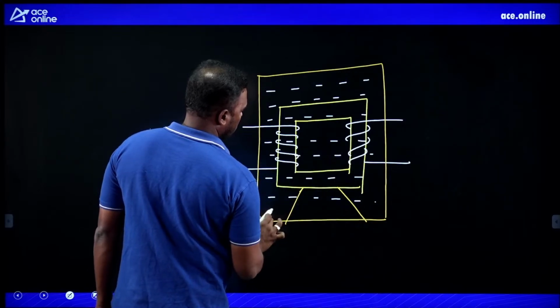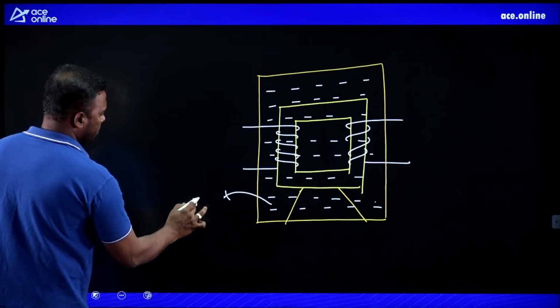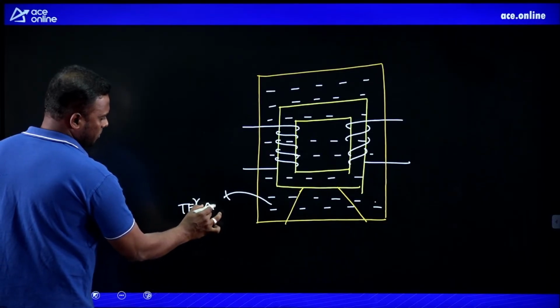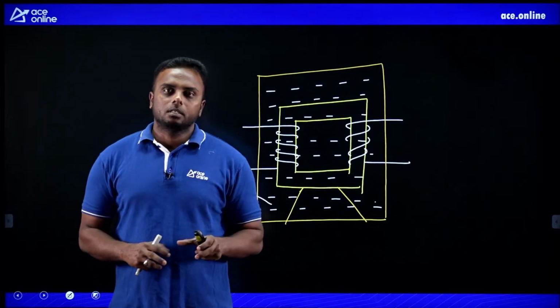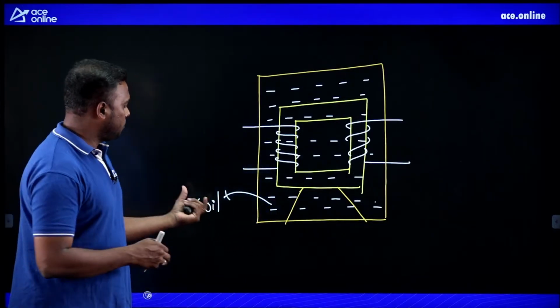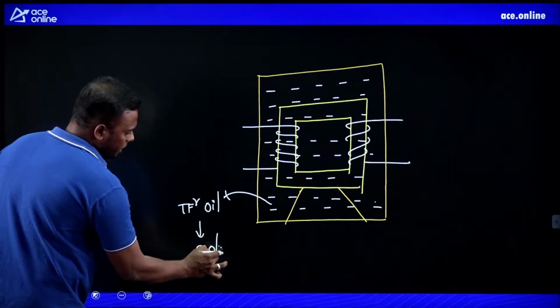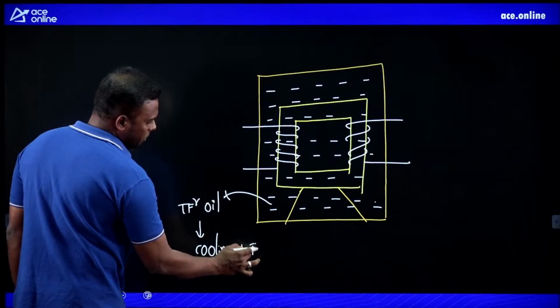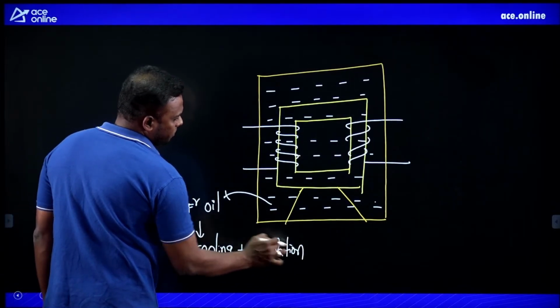What is the purpose of this transformer oil? We call it mineral oil or transformer oil. The purpose of transformer oil in a transformer is that it provides cooling and insulation to the transformer.